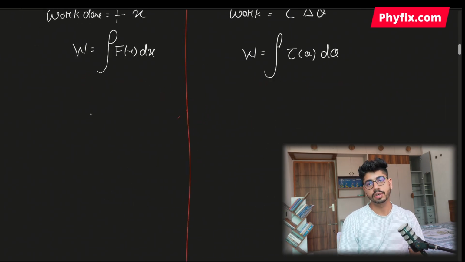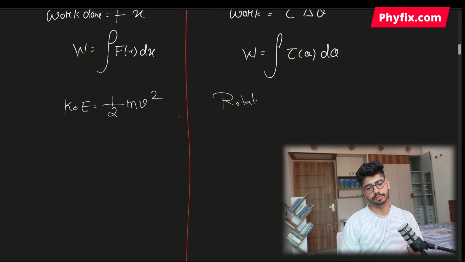In linear motion, we had the linear kinetic energy, which we write as half mv square. Here we have the rotational kinetic energy, which is equal to half I omega square.